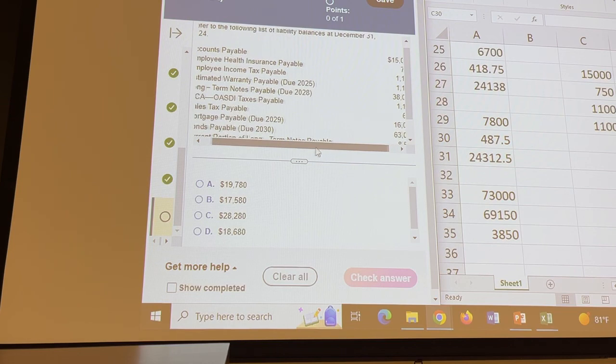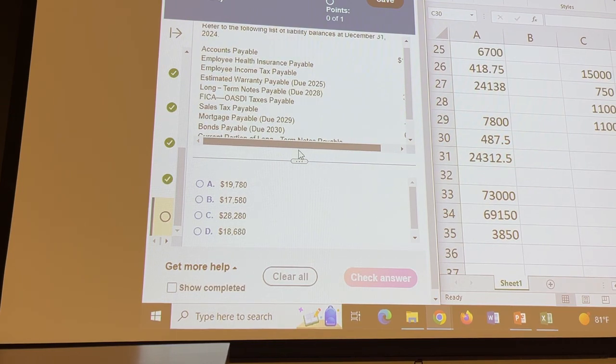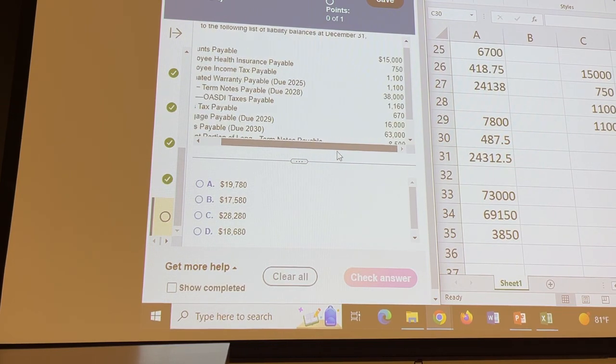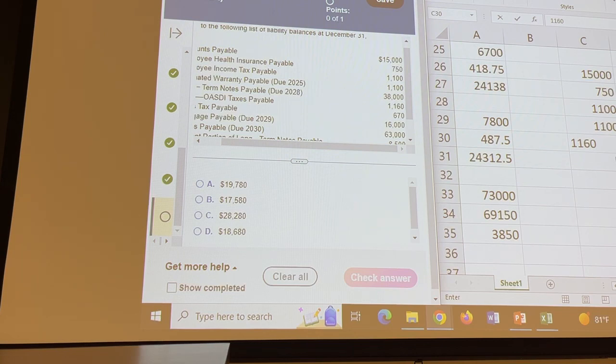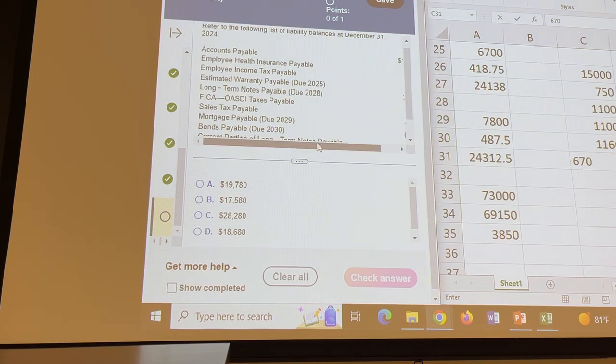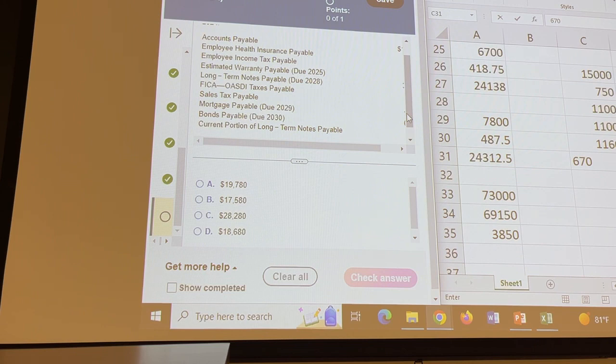And then, what's it say? Long-term notes payable, that would not be a current liability. Then FICA payable, so that's 1,160. Sales tax payable, that would be 670. Mortgage payable would not be, bonds payable would not be.